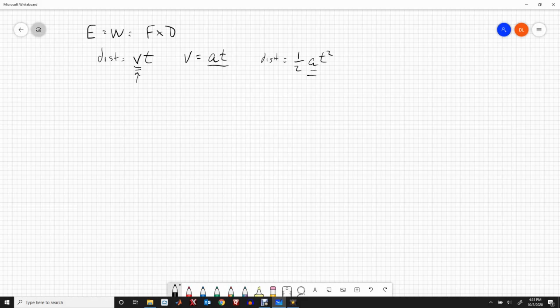So we're going to do a little test case where we assume we're going to move an object from a velocity of 0 at time t equals 0 to velocity v at time t. So an object starts out still, and we use a constant acceleration and get it up to speed v.